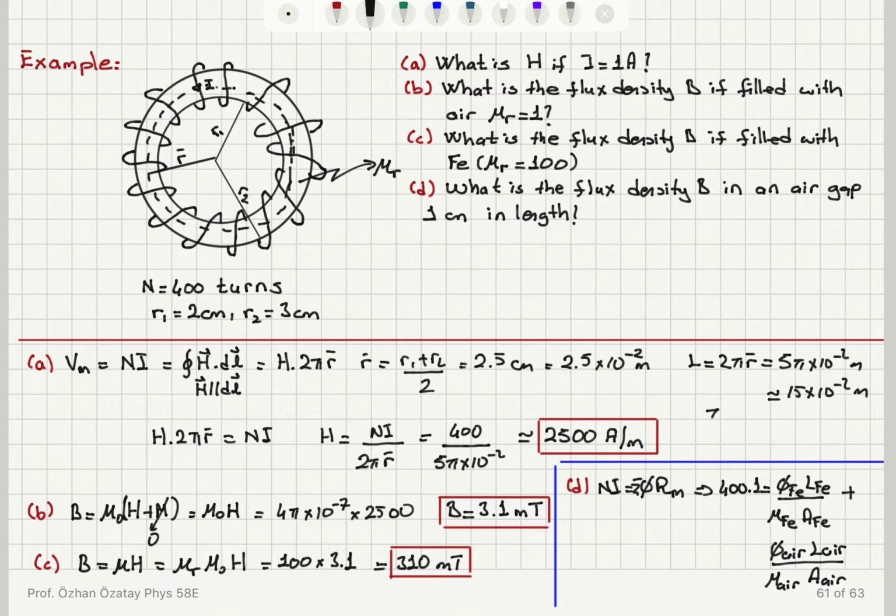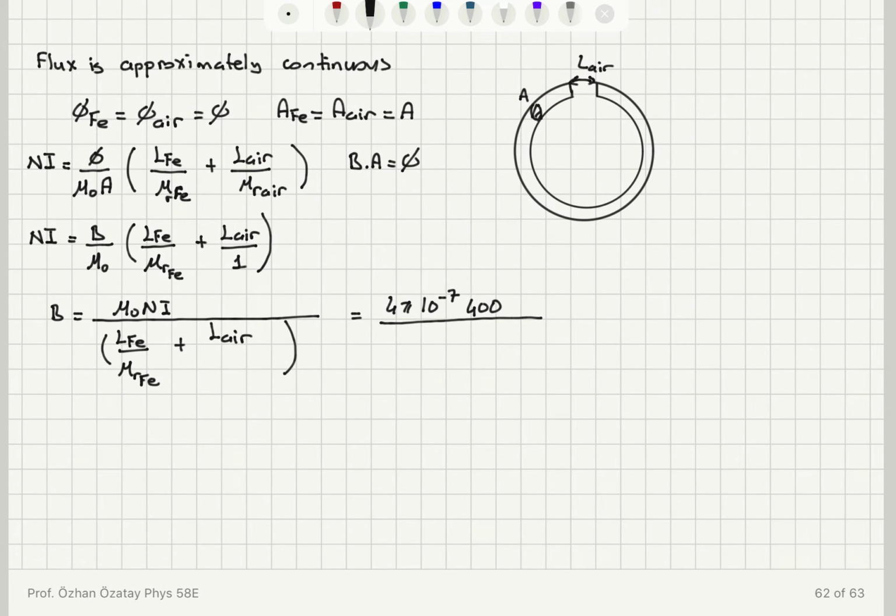So I'm taking pi to be 3. So this is going to give me 0.15 minus 0.01, which is the length of the air part, divided by relative permeability of iron plus 0.01 divided by 1.